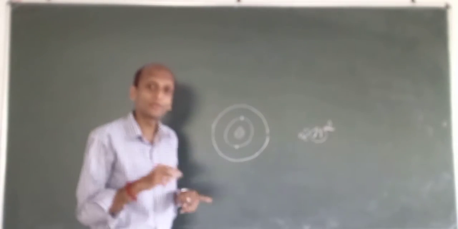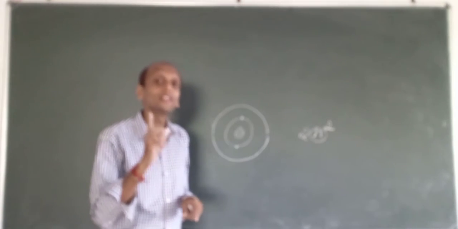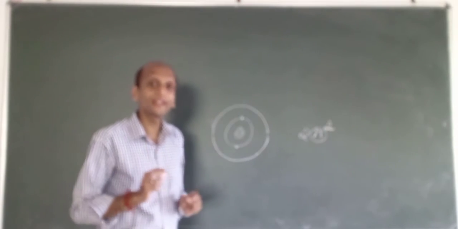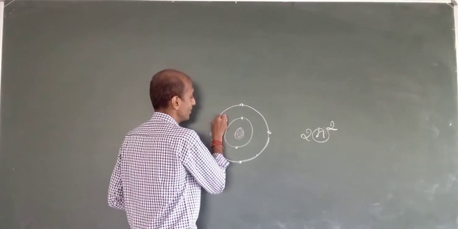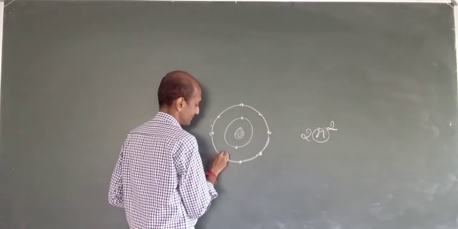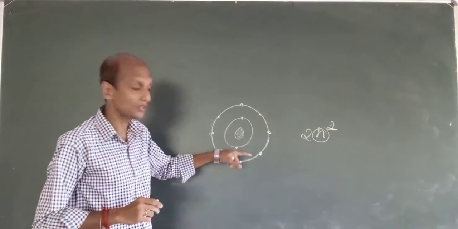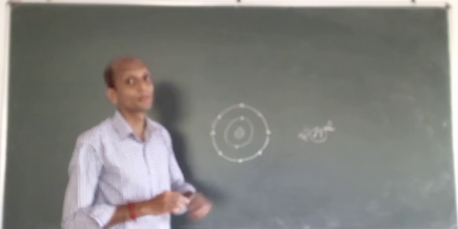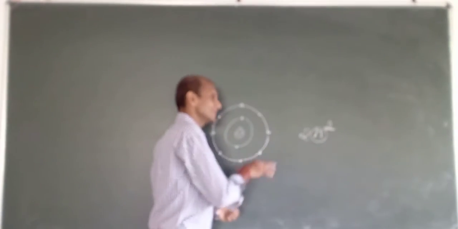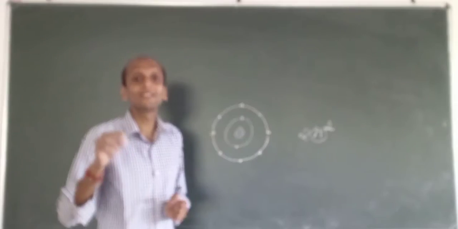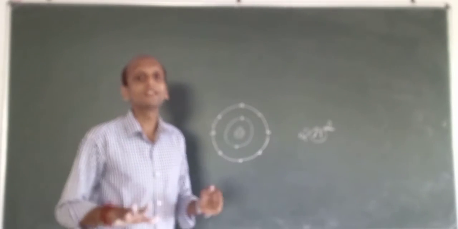The valence orbit can have only 8 electrons. Only 8 electrons are possible on the outermost orbit, not more than that. This is the rule, and it will be followed by each and every atom in the universe.